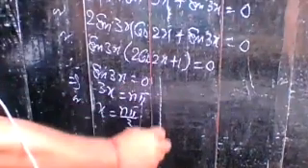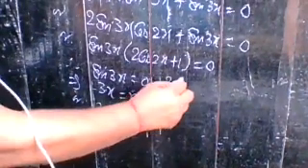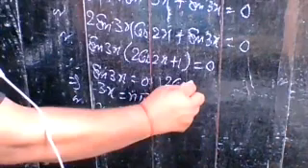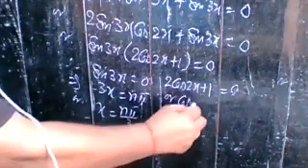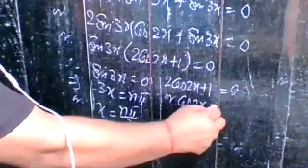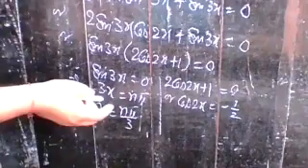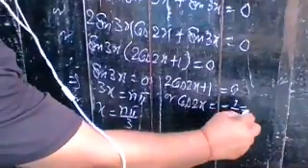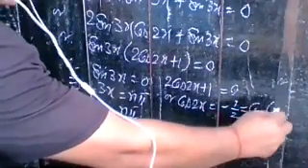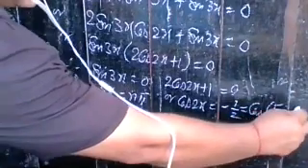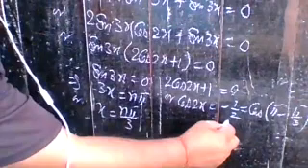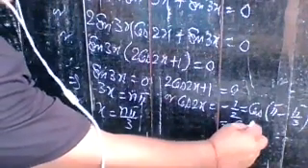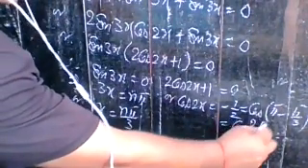Now for the second one, 2 cos 2x plus 1 is equal to 0. So cos 2x is equal to minus 1 upon 2. And cos is negative in the second quadrant, so you can write cos of (pi minus pi by 3), which is equal to cos 2 pi by 3.